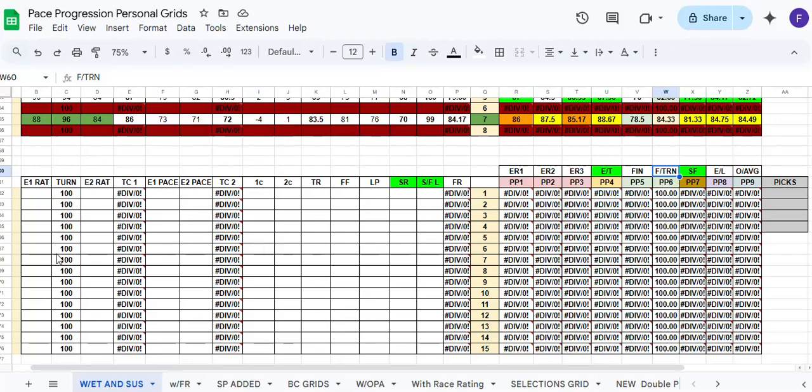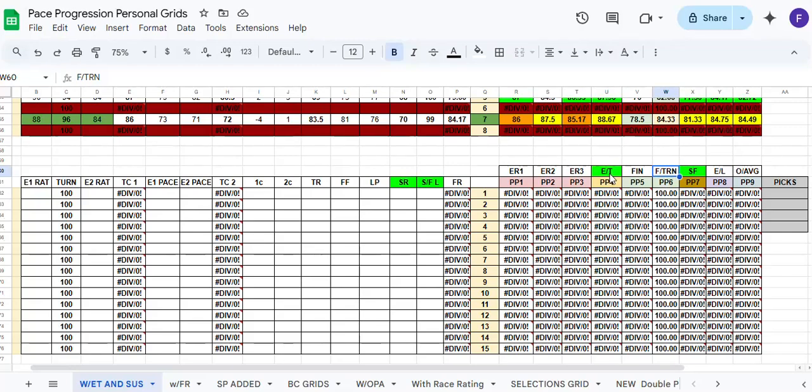The turn itself is calculated on its own when comparing E1 and E2. It calculates on its own a turn rating based on the time. But the only time we ever used the turn, we didn't use it as a standalone factor, at least I didn't. The only time we used that turn factor was when it was mixed in here with the finish.